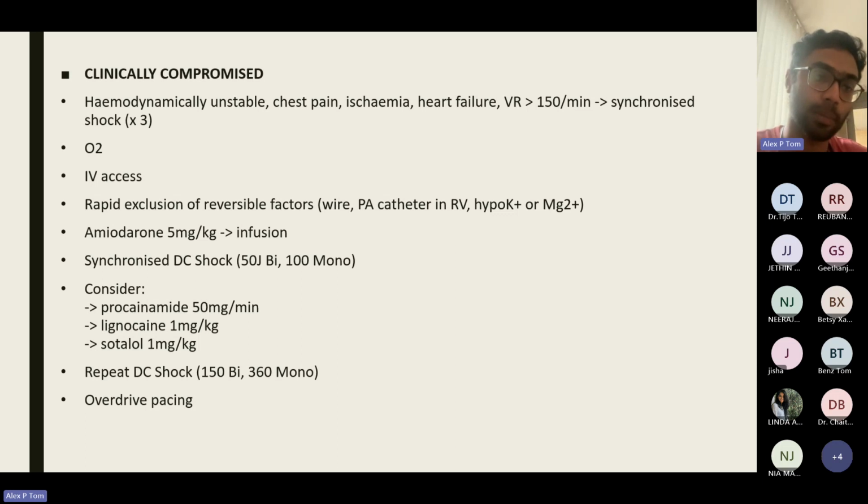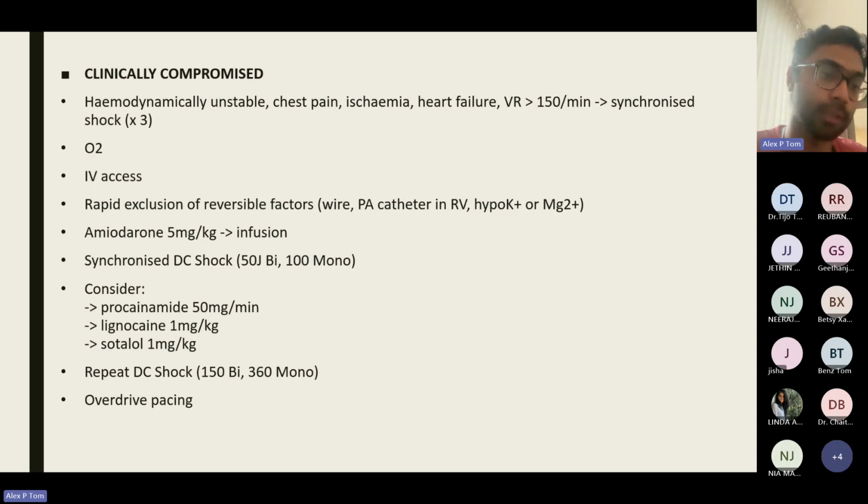But if it's a clinically compromised VT, you see it in the ECG, you need to give amiodarone infusion, 5 milligrams per kilogram. That's the dosage. That's the pharmacological management of it. There is another school of thought where it's still debated whether pharmacological management or giving a synchronized cardioversion, a DC shock, would be the best thing.